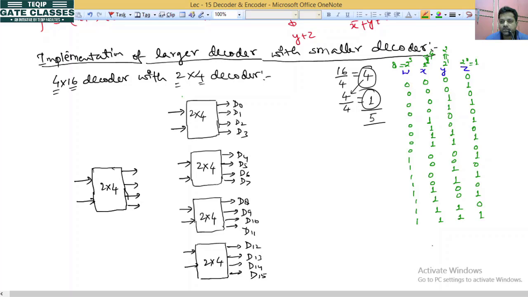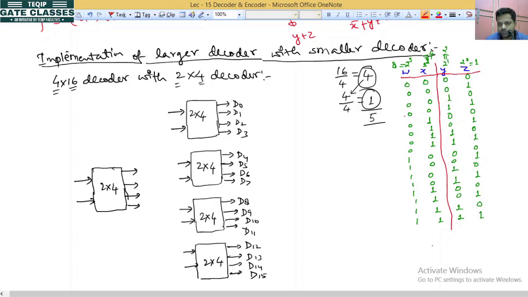We have to design with 2x4 decoders. So we have how many? 2 input decoders. So divide this whole combination in 2 parts to get 2 inputs, okay na?